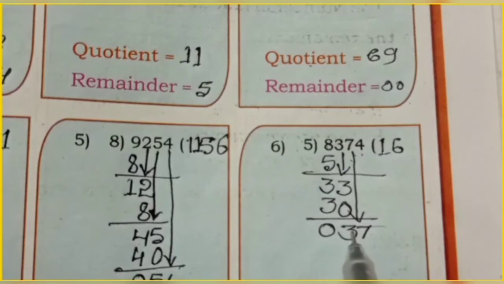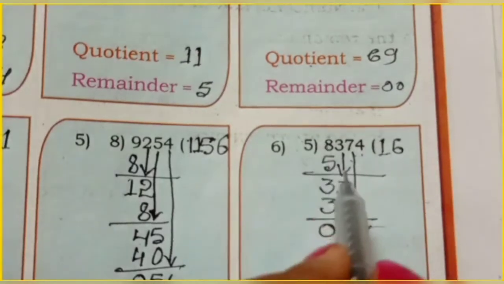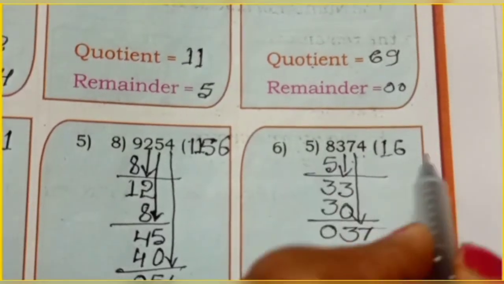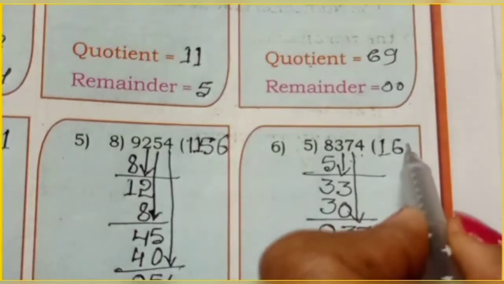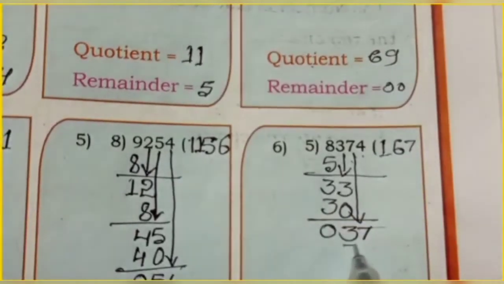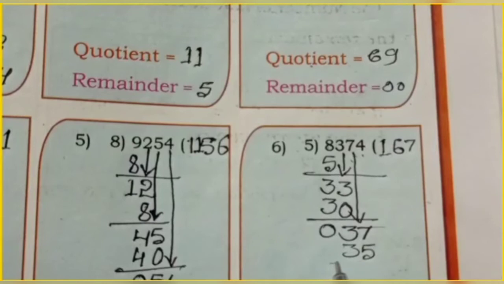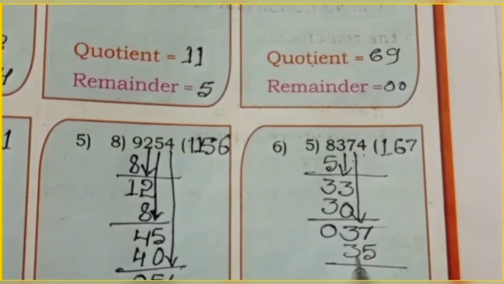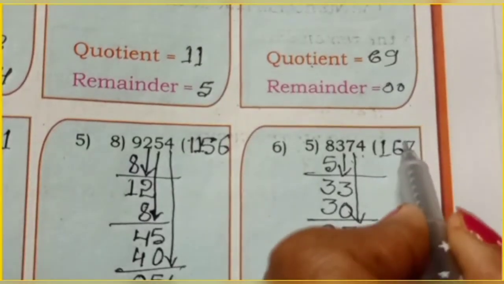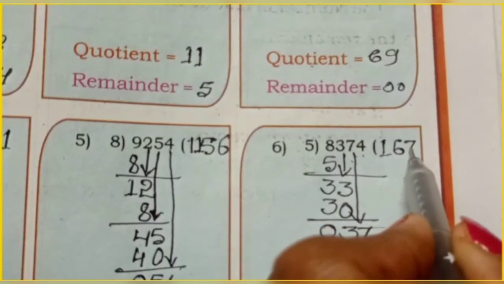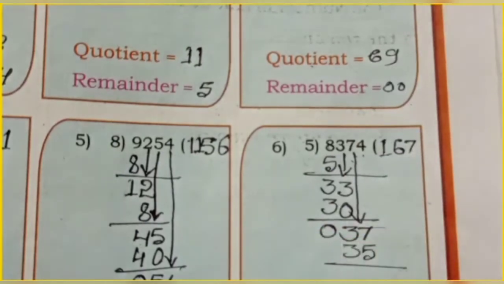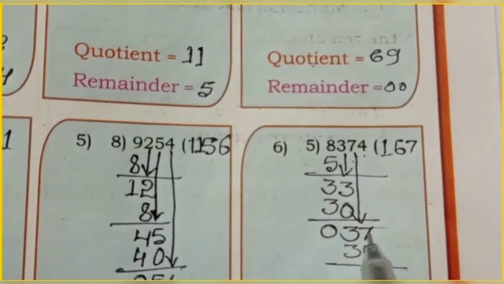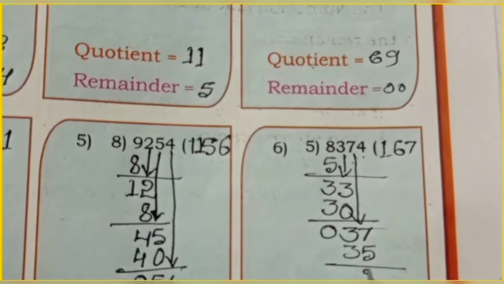Divide 37 tens by 5. So 5 sevens are 35. Write 35 here and write 7 as the third digit of the quotient. 7 minus 5 is 2.